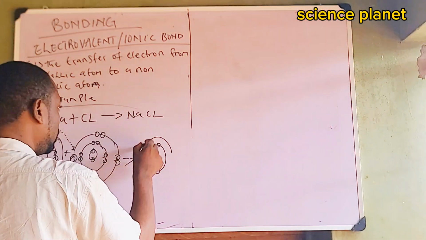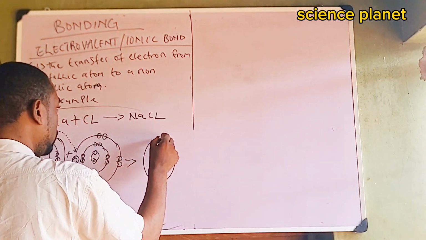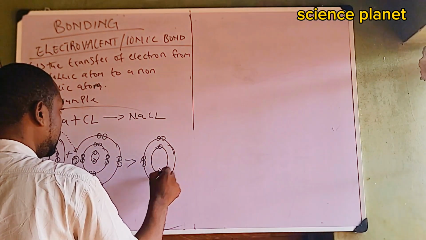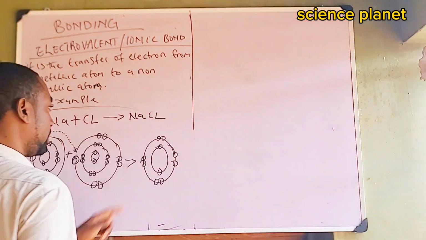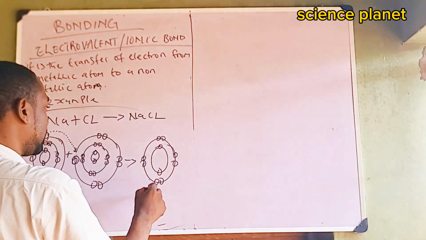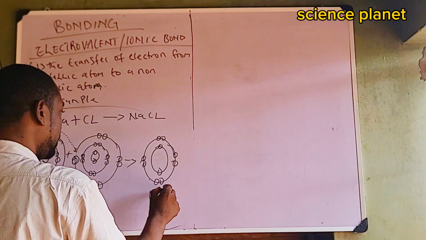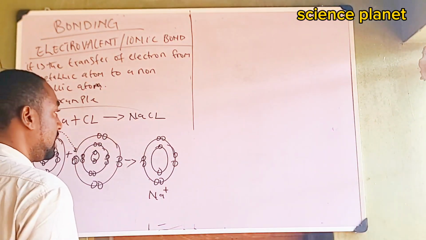When sodium is done donating, it attains its octet stability. This is your sodium ion, Na+, because it has donated an electron.